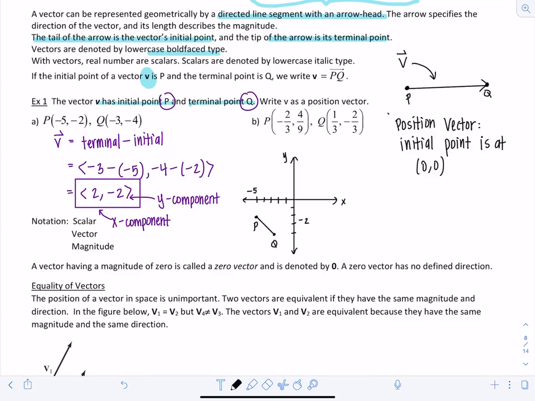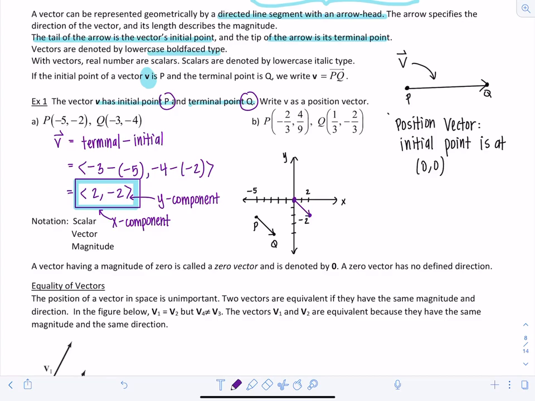There's Q. And it went from P to Q, so I put the arrow in that direction. Well, I rewrote that vector v as a position vector, and I have that the components are 2, -2. So when it's a position vector, remember that means the initial point is at the origin, and basically this is telling me the terminal point is (2, -2). So that would be right here.